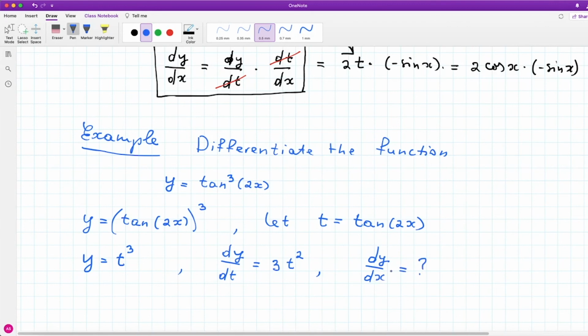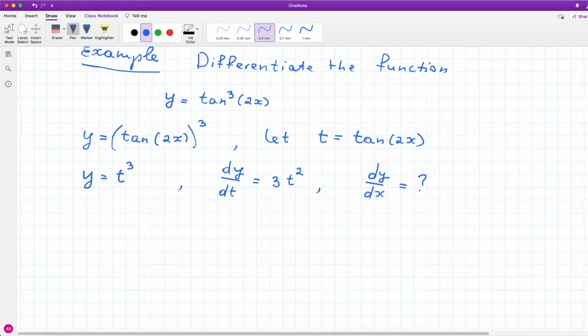But this is where we will use the chain rule. And remember that dy/dx equals dy/dt, which we just calculated, multiplied by the derivative of t with respect to x, dt/dx. So far what we have is that dy/dx equals 3t squared multiplied by dt/dx.